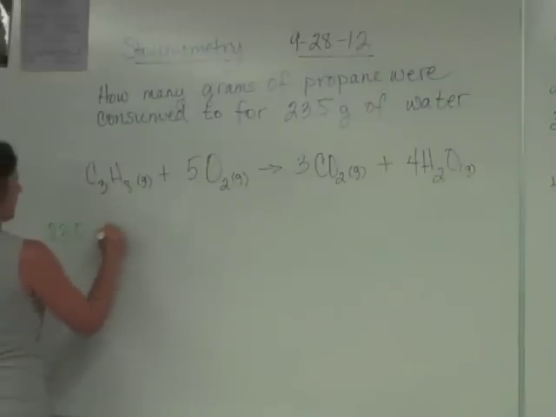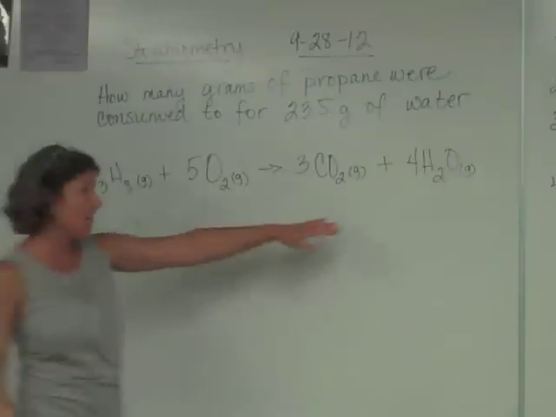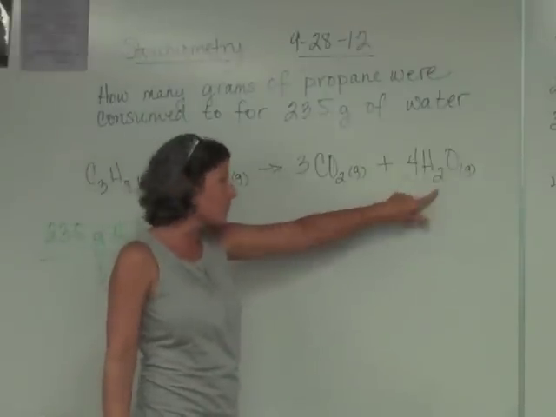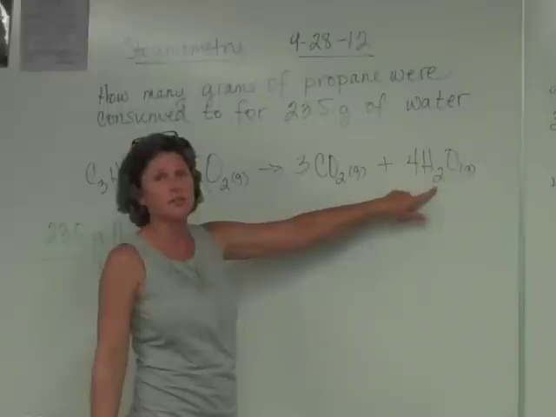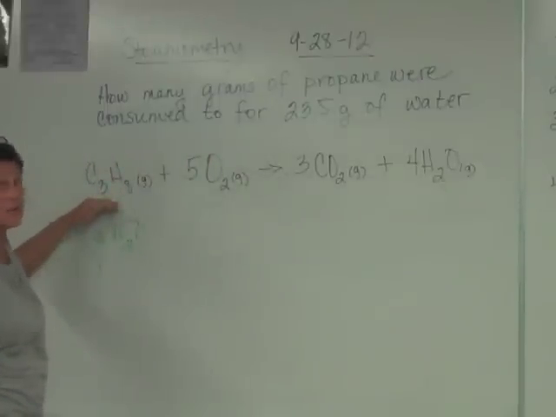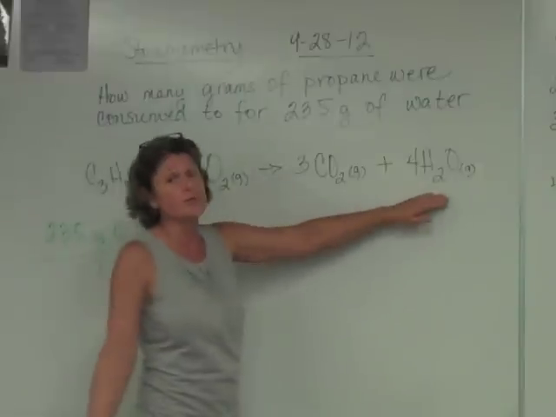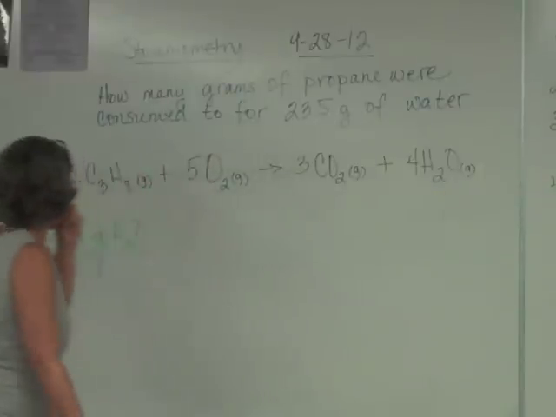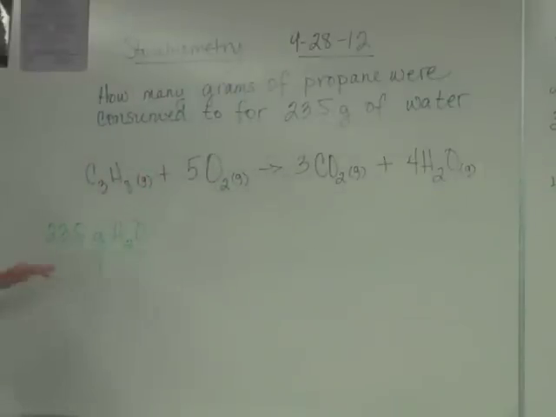So if I get 23.5 grams of this product, I can find out how much propane I used to produce that amount of water. Or if I want to make this much water, how much propane do I have to use? There's all different ways we can look at this thing.